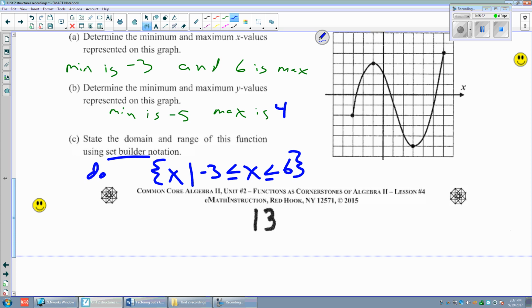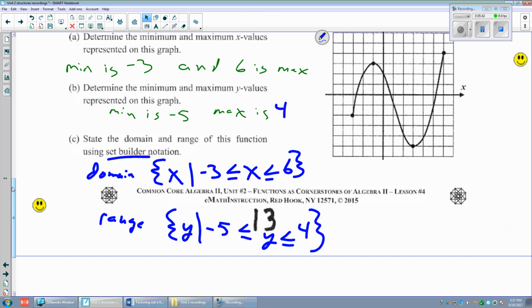That's the domain. Range. All numbers y such that -5 is the smallest and y is smaller than 4. Close it. If you have any questions, make sure you ask me in class.